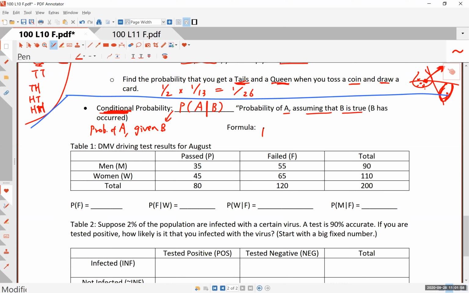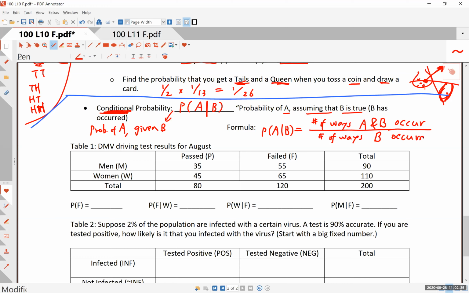Right. And here's the formula. You don't really need to memorize this formula, but the probability of A given B is the number of ways A and B occur, divided by the number of ways B occurs. And I'll illustrate this because the way the formula is stated is very abstract. So the denominator is the number of ways B occurs.